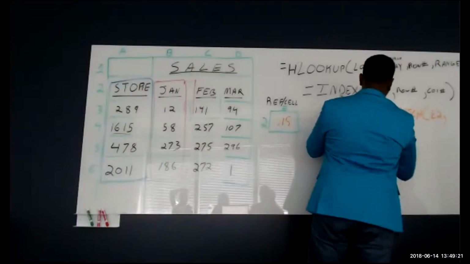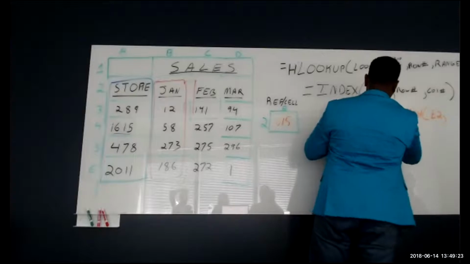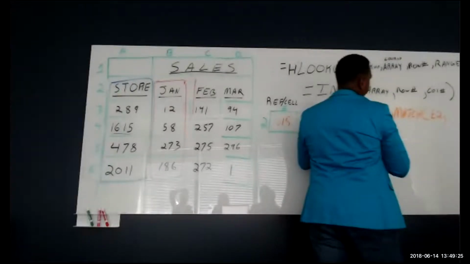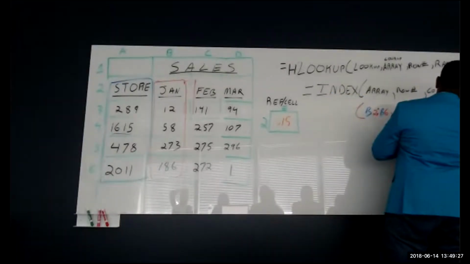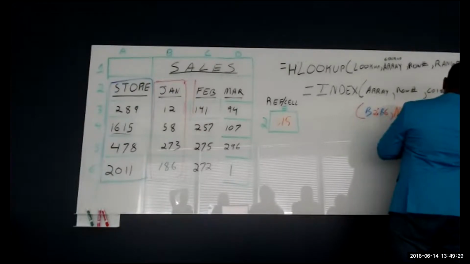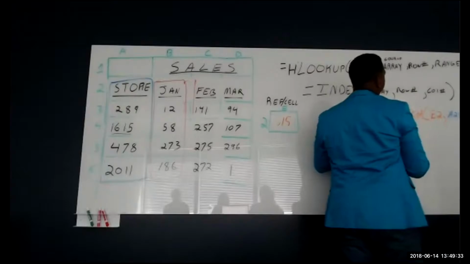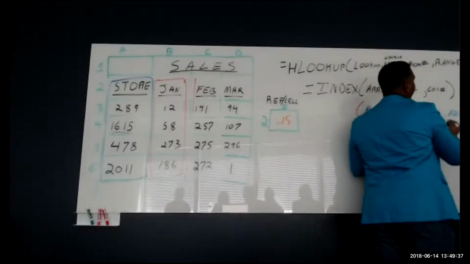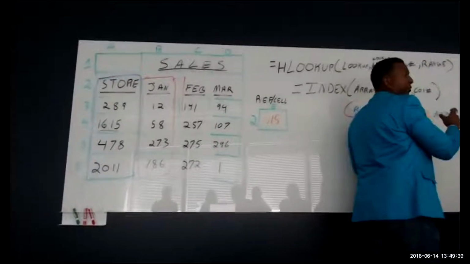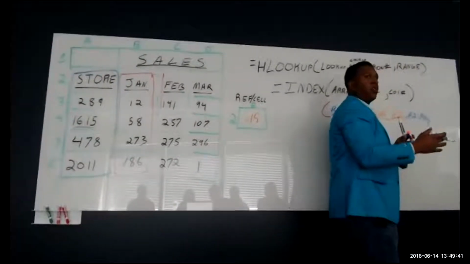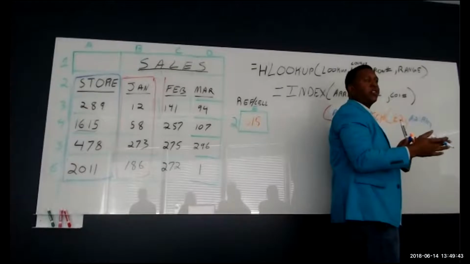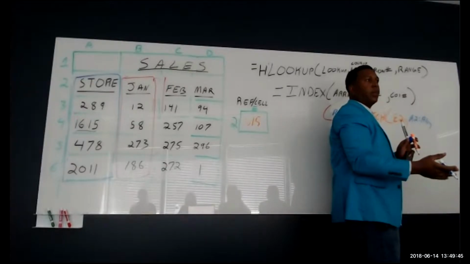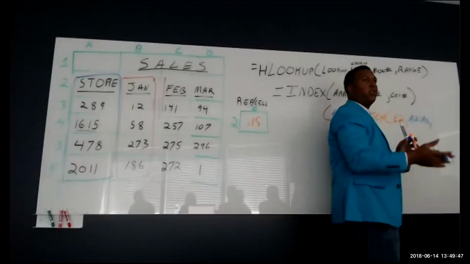So now it's going to look from A2 to A6. Hopefully I'm not going too far. And then on the end of the MATCH, you remember on the VLOOKUP, it said true and false, where Excel also recognizes true and false as 0 and 1, 0 being false, 1 being true.